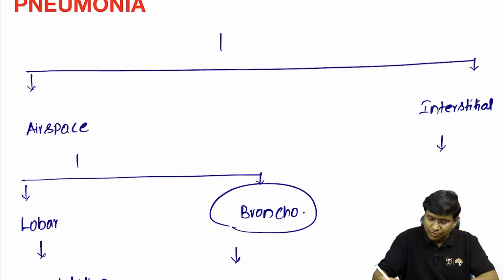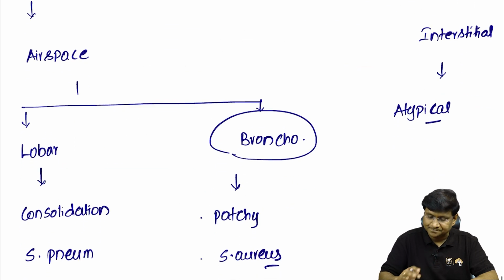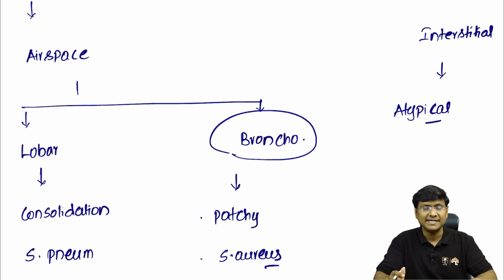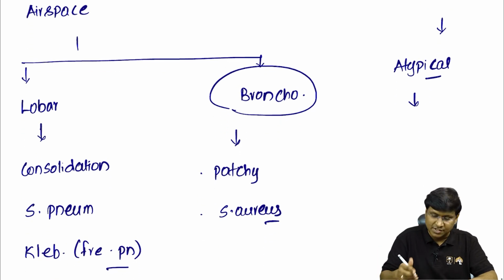Whereas interstitial pneumonia is also called atypical pneumonia because the typical signs of consolidation will be absent. In atypical pneumonia, the organisms causing it are MLC, that is Mycoplasma, Legionella, and Chlamydia.